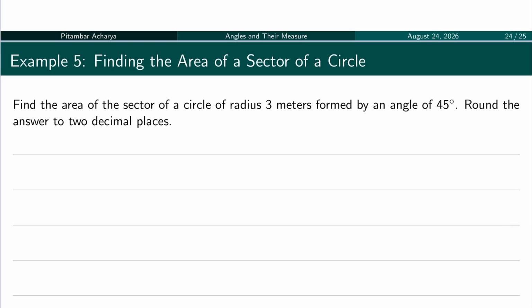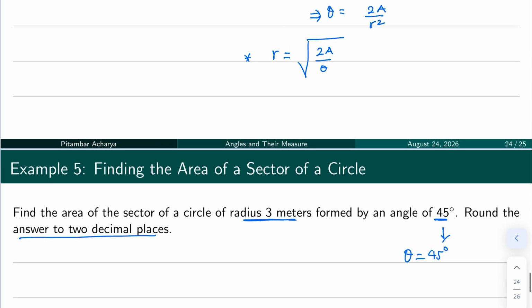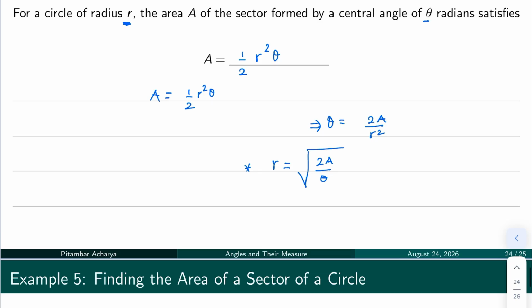Find the area of a sector of a circle of radius 3 meters formed by an angle of 45 degree. Round the answer to 2 decimal places. Here the angle theta equals 45 degree. What is the radian measurement? We should keep in mind that in order to use this formula, theta should be in radian.